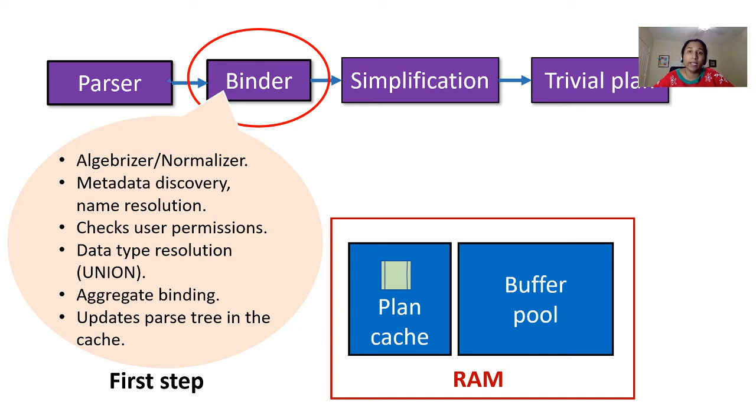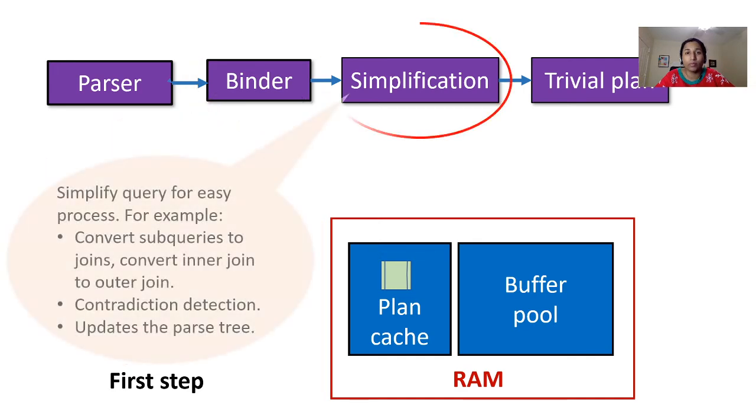The aggregate binding happens here, like the sum, average, those kinds of things are bound here. Now with all this information, the binder will go ahead and update the parse tree inside the plan cache, and now our query will be sent to the simplification component. As the name itself says, it will simplify the query, right?